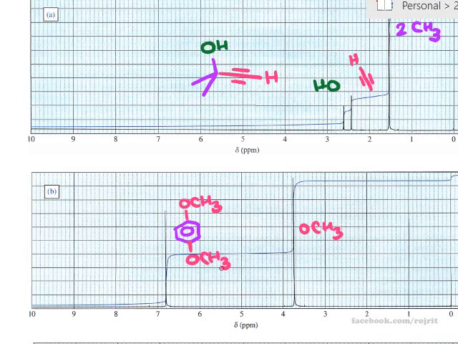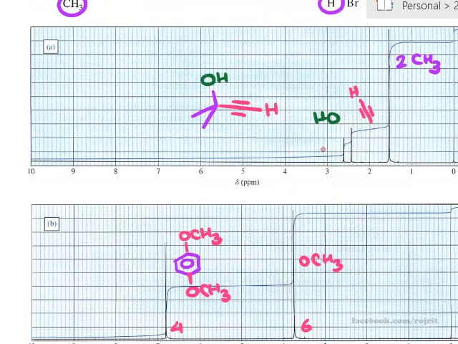So the integration seems to be okay as well. As you can see, the integration over here seems to be 4 to 6 ratio. The first spectrum seems to be 1 to 1 to many, so it's actually 6.